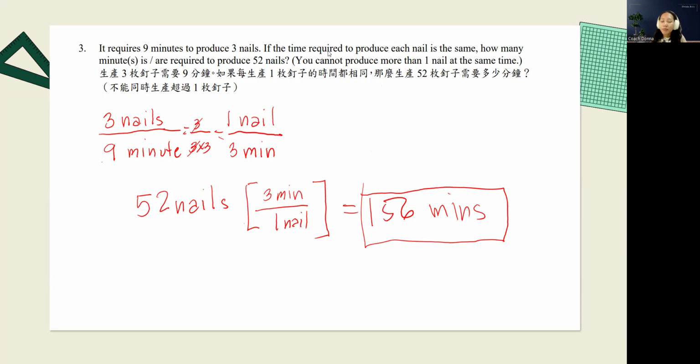Question? Do we have to add minutes, like 156 minutes, or can we just say 156? All right. So you can just say 156 directly because it's already stated in the problem that you're being asked for the number of minutes.